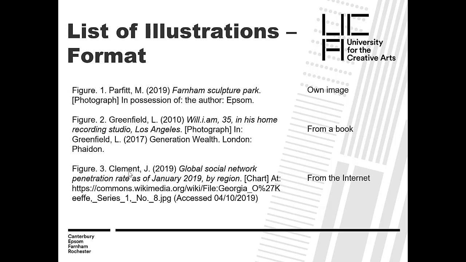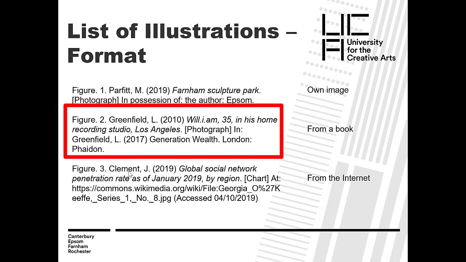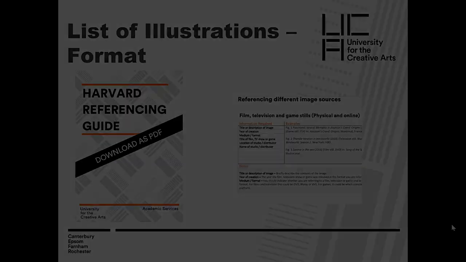They start with the figure number written out, then we would have the artist, photographer or creator, the year the artwork was created, the title of the image, the medium of the image, and then information about where the image was published. In these examples here, the first one is an image from the author of the essay, the second one is from a book, and the third one is from the internet.